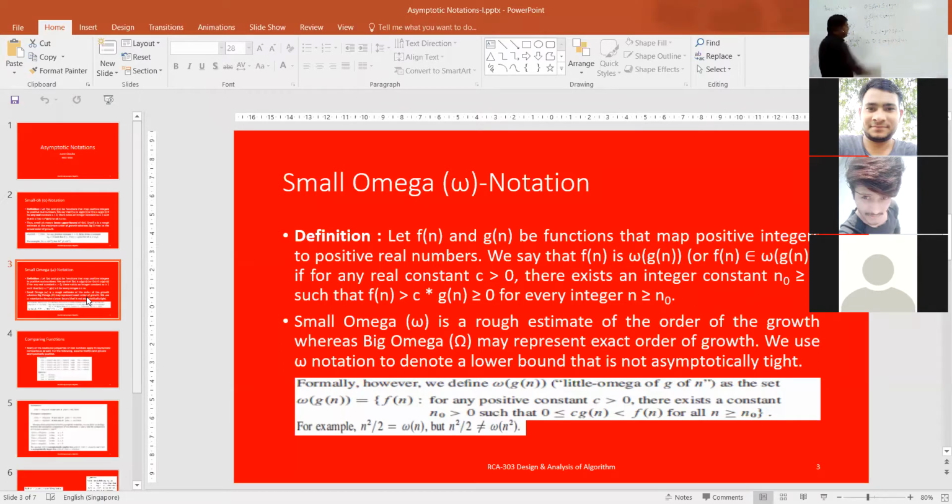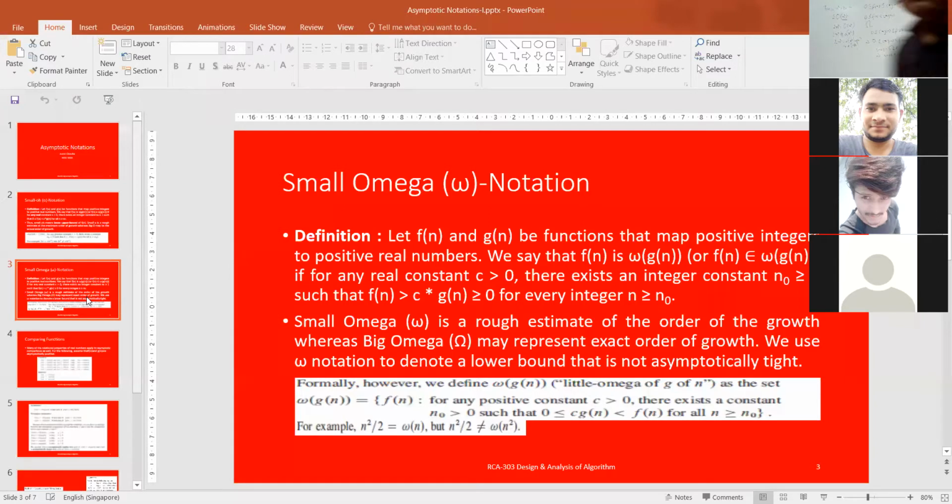So if we say 5n plus 2 is equal to omega of n, we have already solved it, then small omega will be any value which is less than n. It means 5n plus 2 is not equal to small omega of n, but it can be equal to root n, or n to power 1/3. So it provides a loose lower bound.